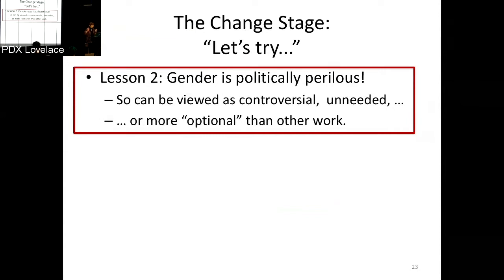Or it can be viewed as sort of optional. Yeah, gender's really important, but we have our bugs to fix, okay? Or our stuff doesn't have any biases, okay? Of course not. So all of these things can get in the way.